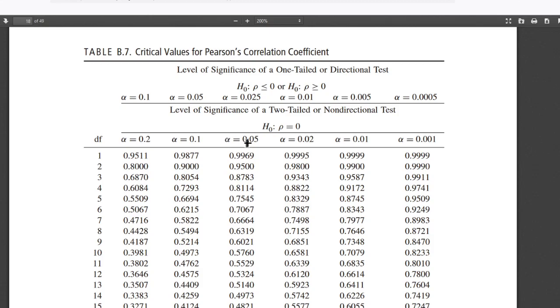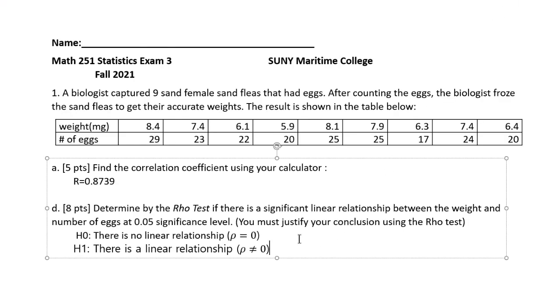As you can see here, with alpha equal to 0.05, degrees of freedom 7 is 0.6664. Since R equal to 0.8739 is above 0.6664, it has a higher correlation coefficient than the threshold, so we do see a correlation.